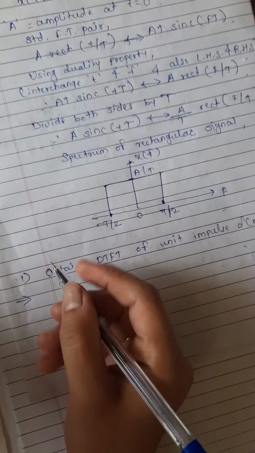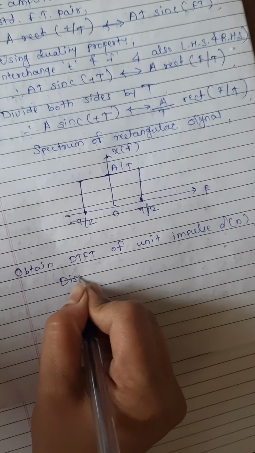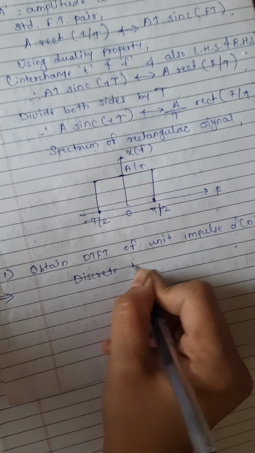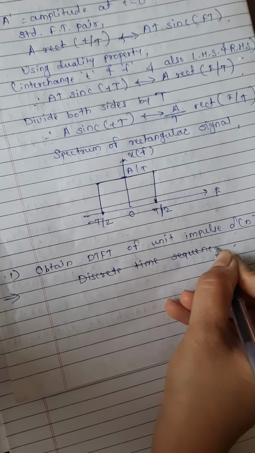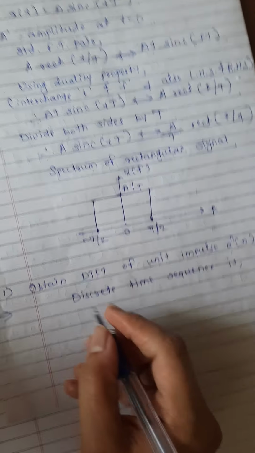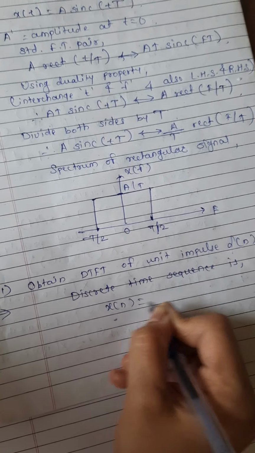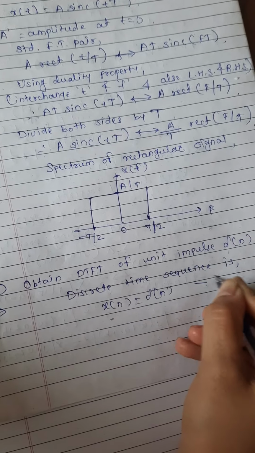So we write here, discrete time sequence x(n) is equal to delta(n). This is equation 1.